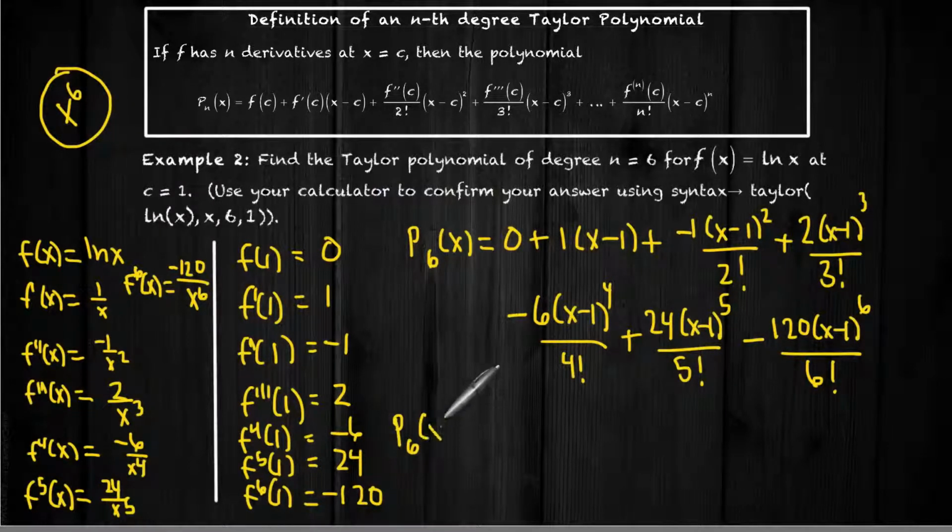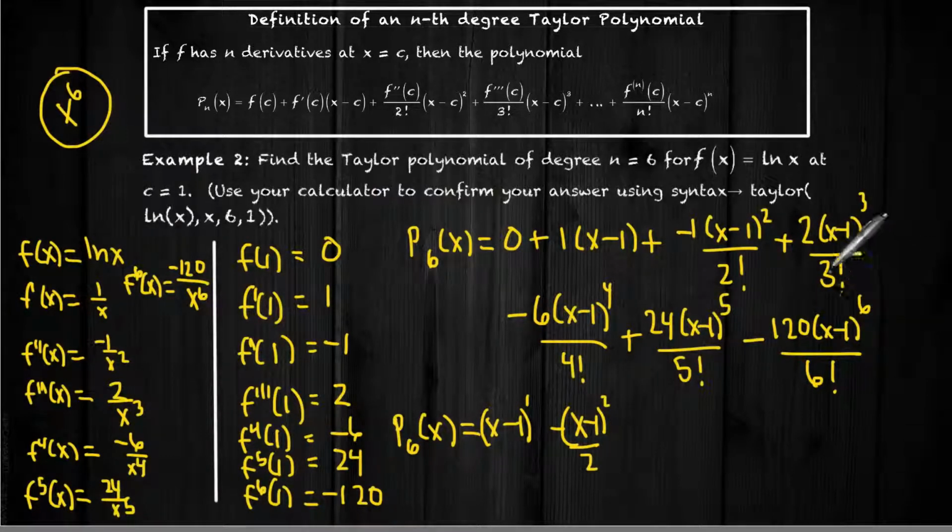The sixth degree polynomial will end up being, the 0 will go away, and the first term we have is going to be (x minus 1) to the first. And then we have, I'm not going to write this minus 1, but 2 factorial is just 2 times 1, so that's going to be minus (x minus 1) squared over 2.